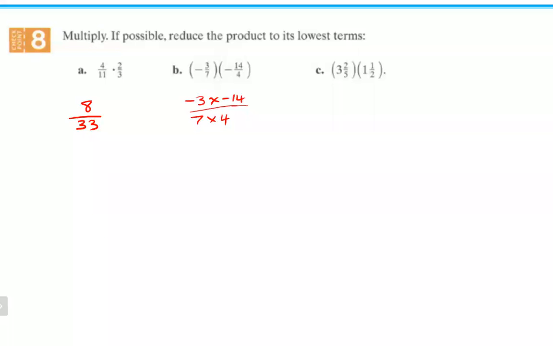Negative 14, okay. And then I got 42 over 28. 42 over 28, yes. And then I reduced it to 21 over 14. Okay, 21 over 14. And then I got 1 and 7 over 14.